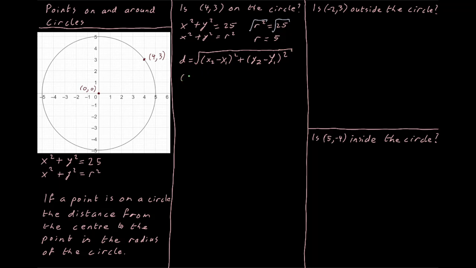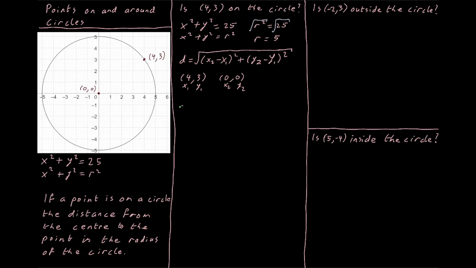So I'm going to take my point 4, 3 as being my first point, x1, y1. I'm going to take 0, 0 as being my second point, x2, y2. So I write down my formula, write down my points, label my points, and now I can sub in and I test whether this distance ends up being 5 or not.